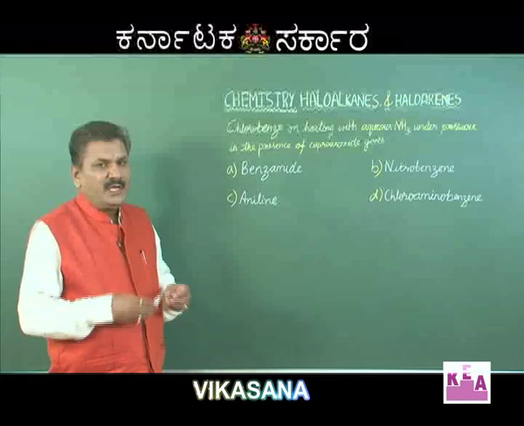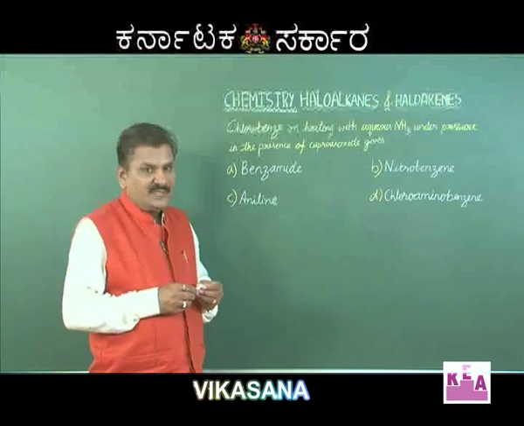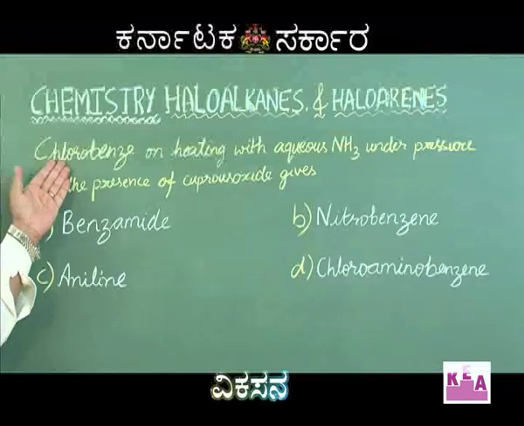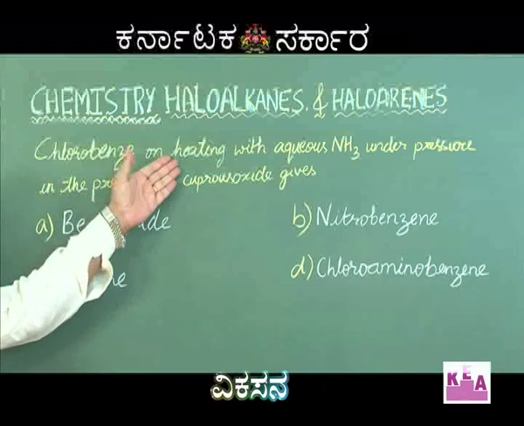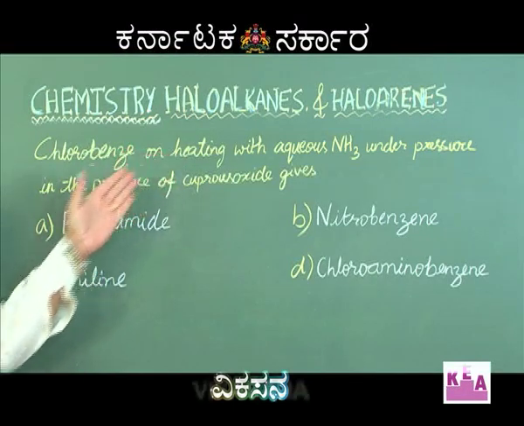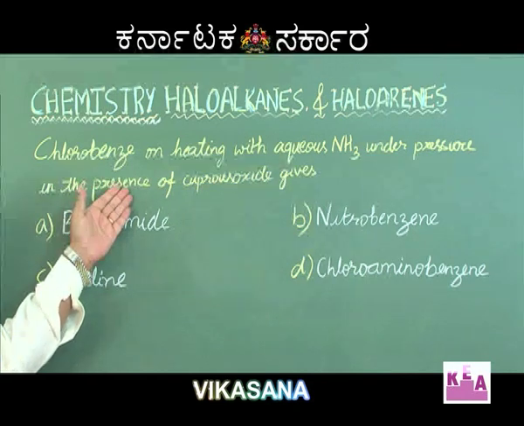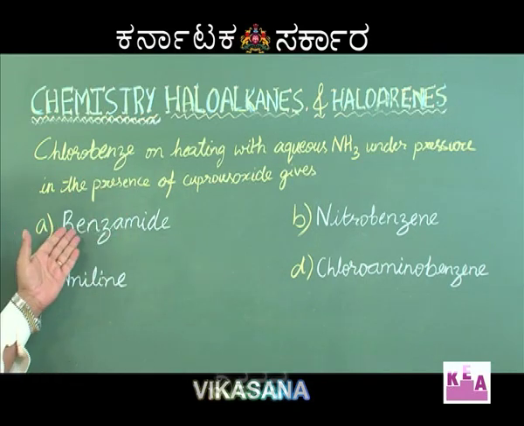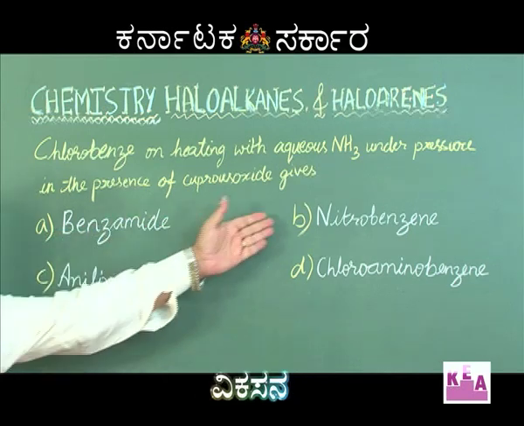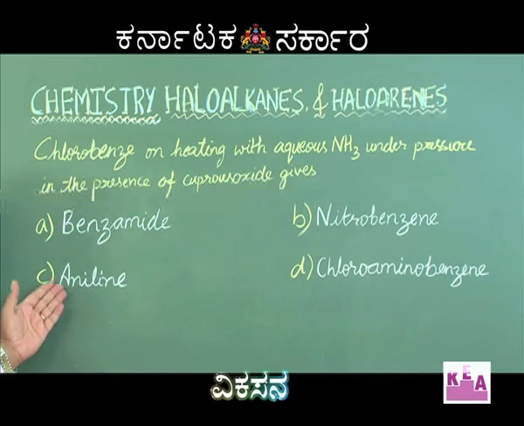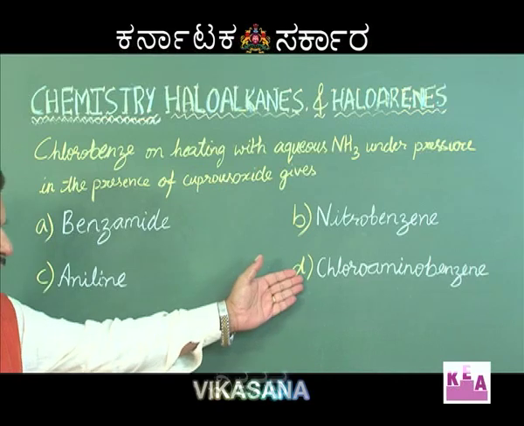So, now we will come to the question related to chlorobenzene. Chlorobenzene, on heating with aqueous ammonia under pressure in the presence of cuprous oxide, gives benzamide, nitrobenzene, aniline, chloroaminobenzene.